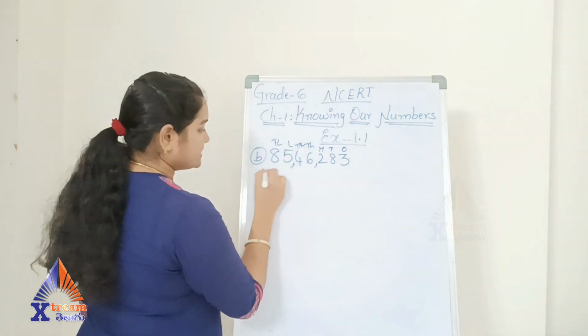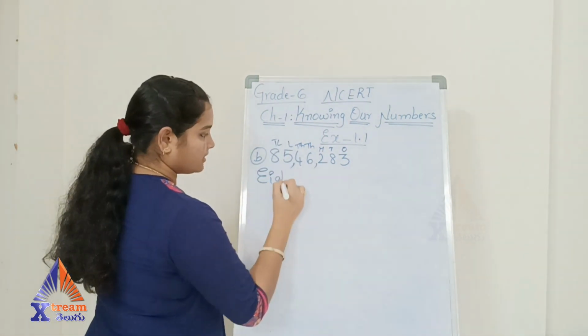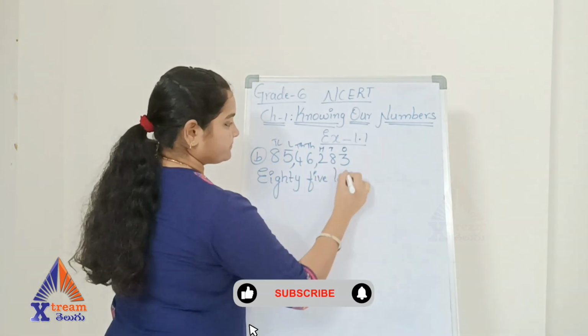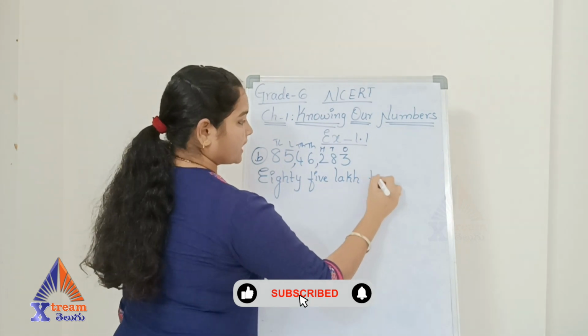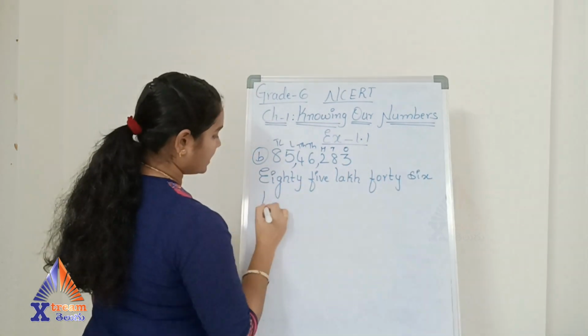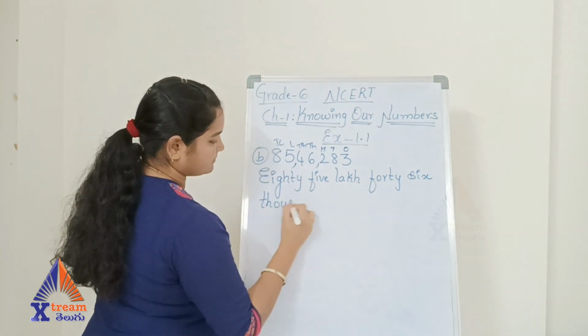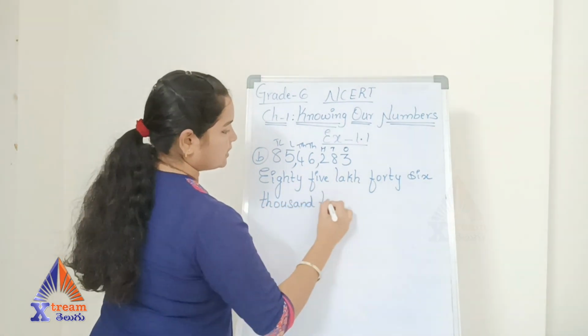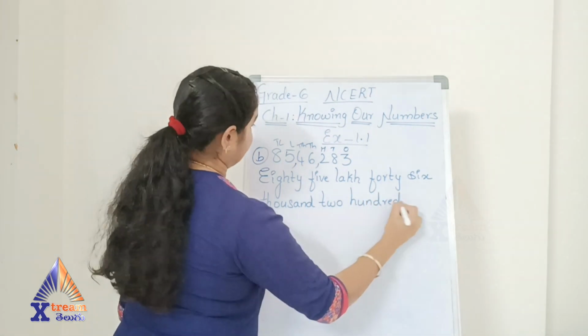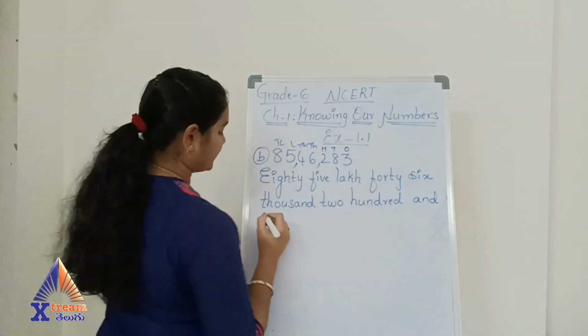So we write it as 85 lakh 46,283. Now here I am mentioning and, so I am showing you 2 ways of writing this one.